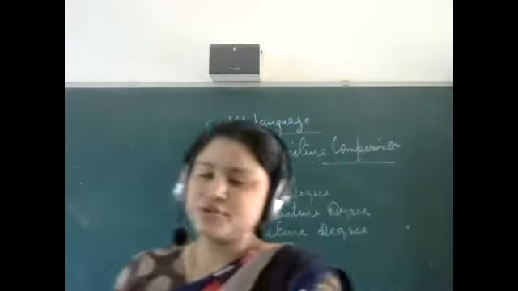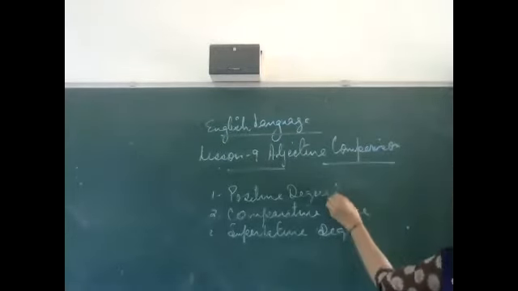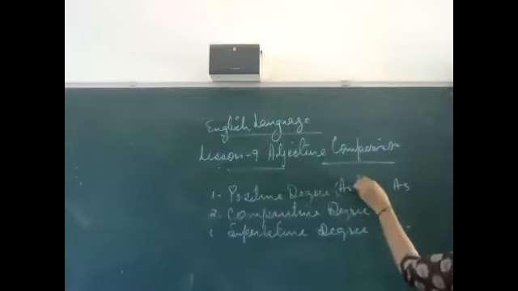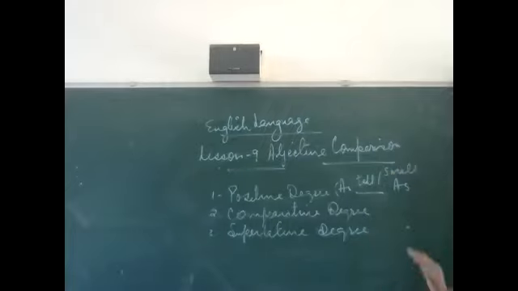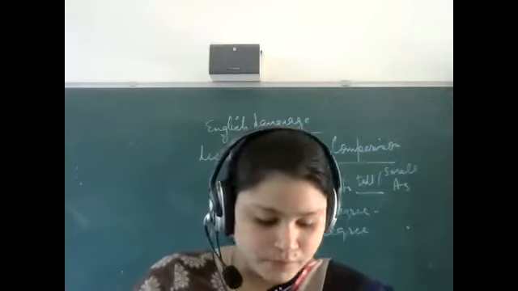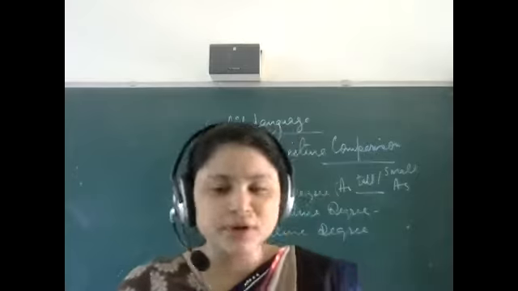What is the structure of positive degree? We generally use as, adjective, as. Here the adjective can be tall, small, or anything. What about comparative? The comparative degree is used for unequal comparison.